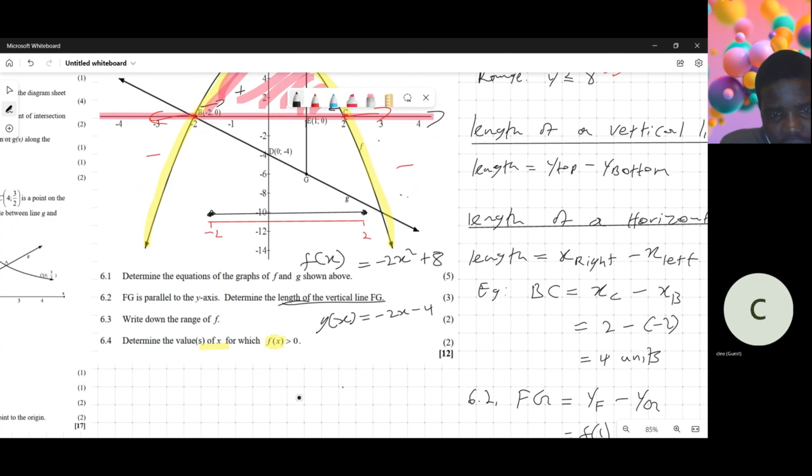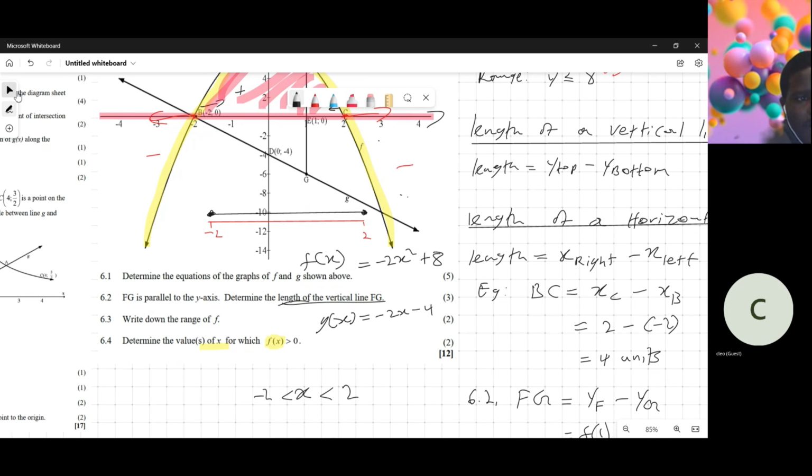I believe it's new, but you'll get used to it. These questions are very regular questions. We'll say x is less than what? 2. And then x is greater than what? -2. So if we look at this inequality, we are saying x must be greater than -2. If x is greater than -2, we are going to the right.